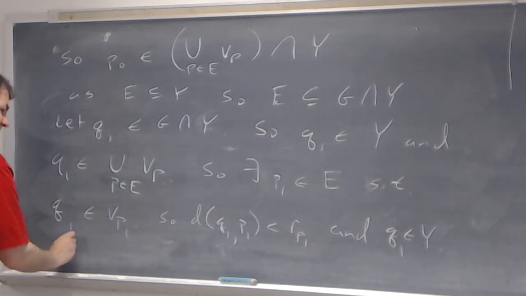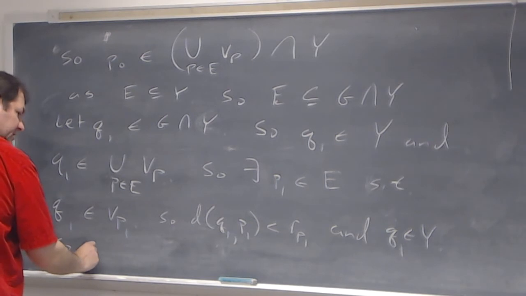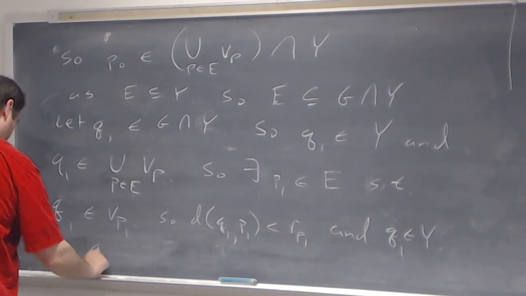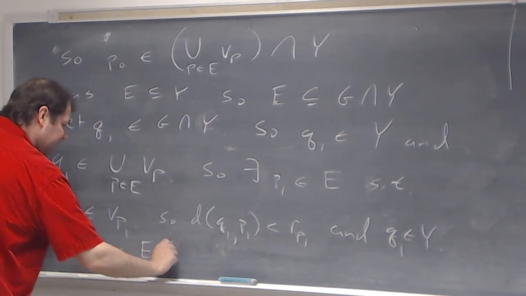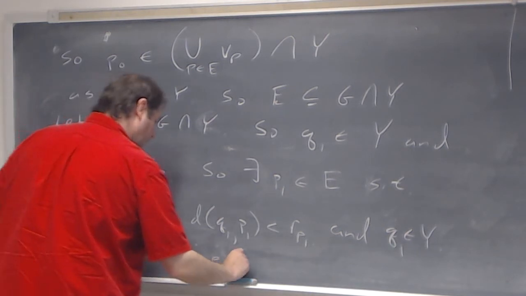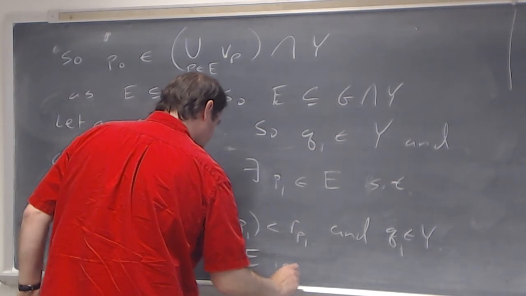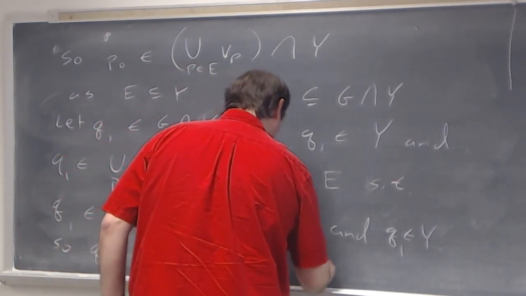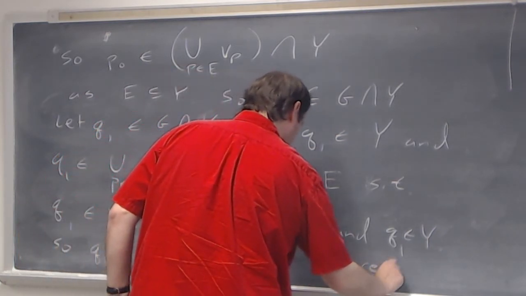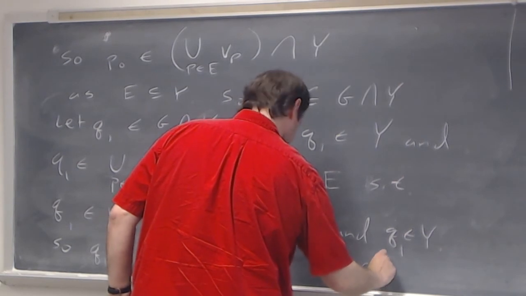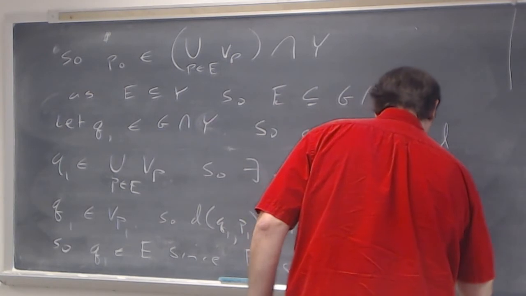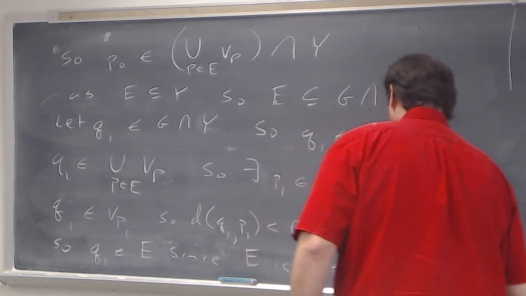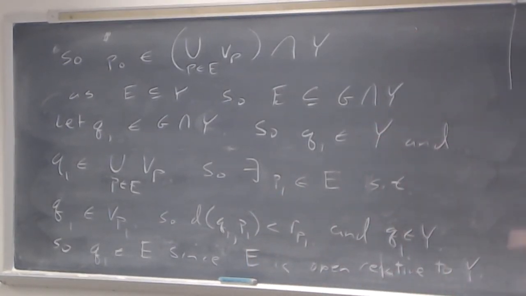So what that gives us is that Q1 is an element of E since E is open relative to Y. So P1 was in E. That's what we're thinking about.